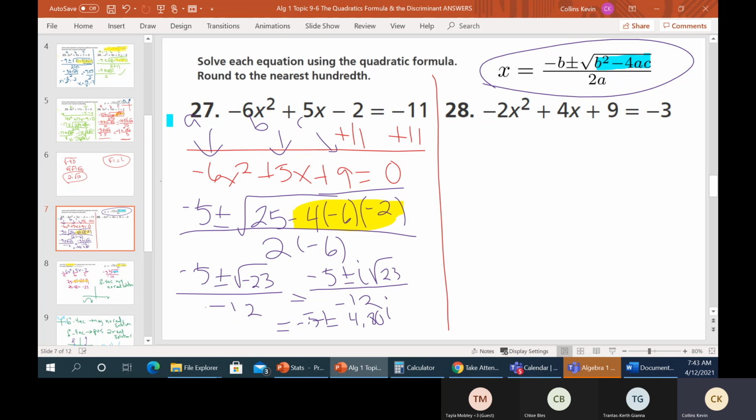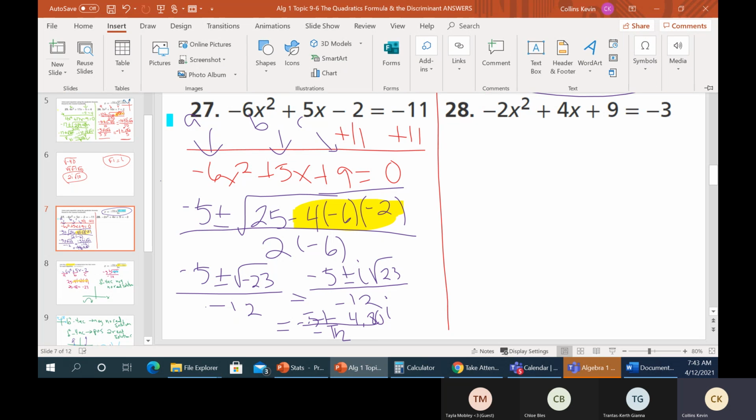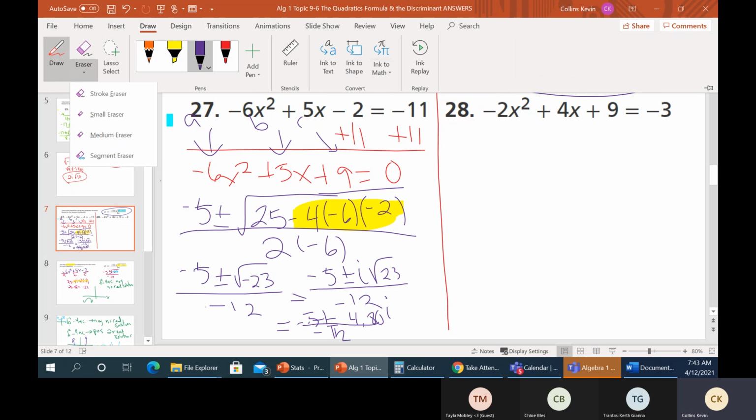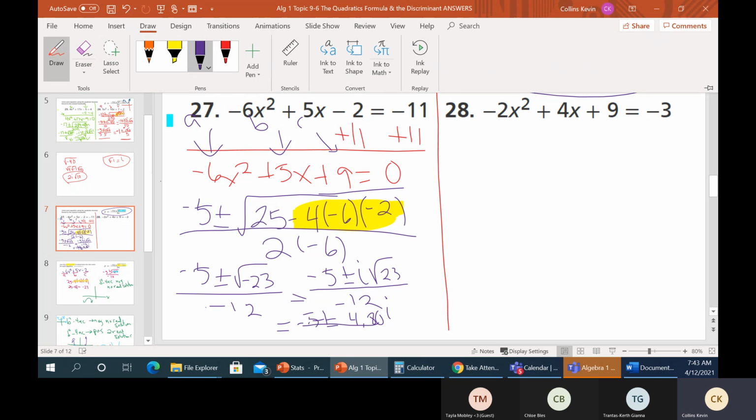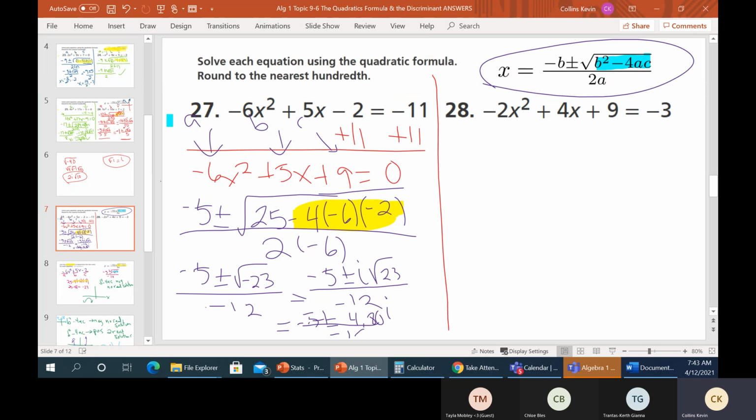So 4.80 times i, and then all over, if I can cram it in here, minus 12. I don't have enough space here at the bottom. So again, it's negative 12. And that's it.